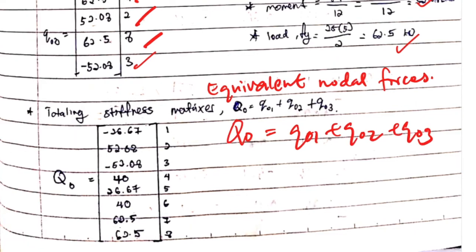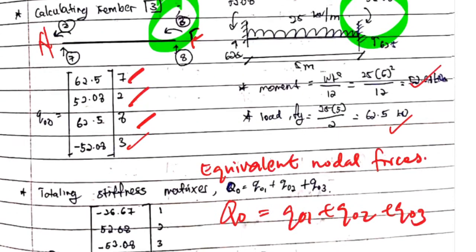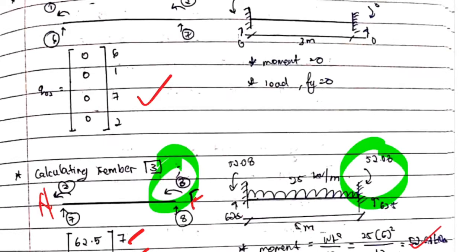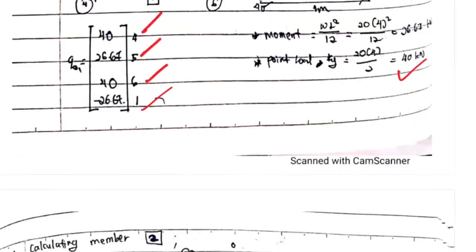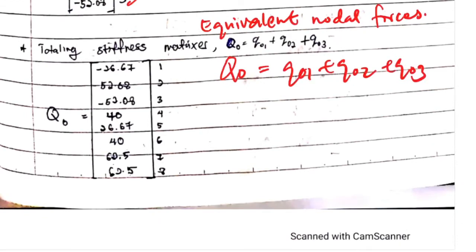In Q naught must have the same total degrees of freedom, since in this beam there are 8, so the total must be 8 positions from position number 1 to position number 8. For position number 1, we have to find the value in the equivalent element nodal force. Number 1, negative 26.67. Okay, and all this is correct.